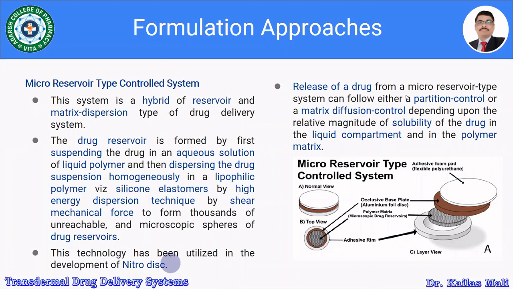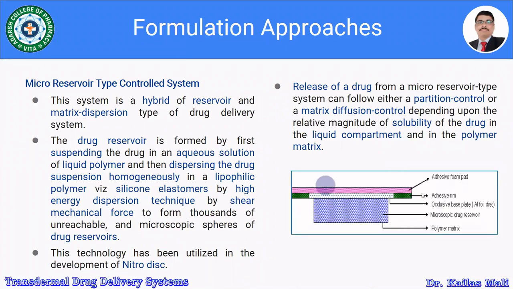The release of a drug from the micro reservoir type of system can follow either a partition control or a matrix diffusion control, depending upon the relative magnitude of solubility of the drug in the liquid compartment and in the polymer matrix. So this is the second figure. Look at the figure.